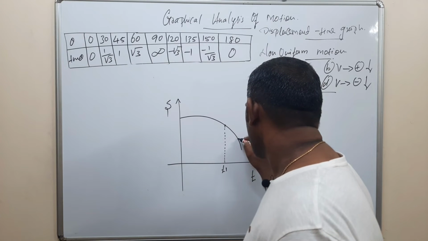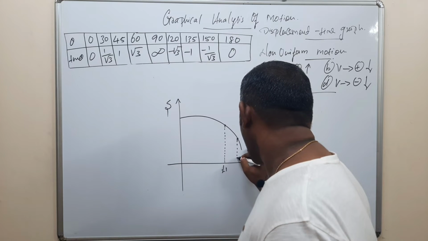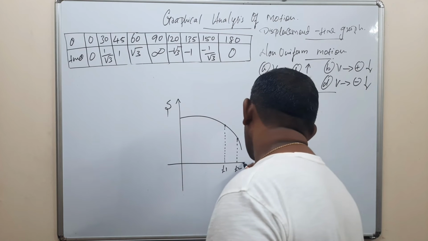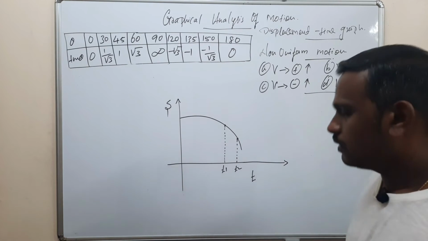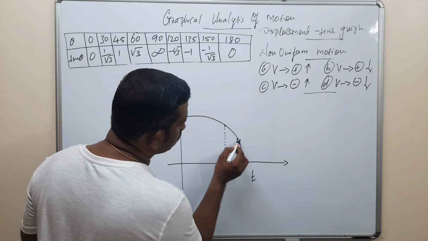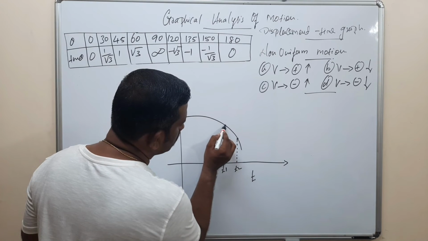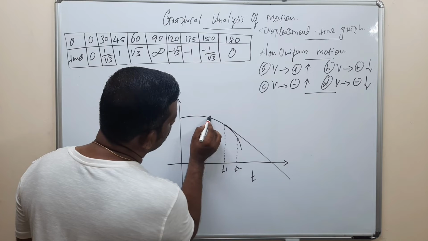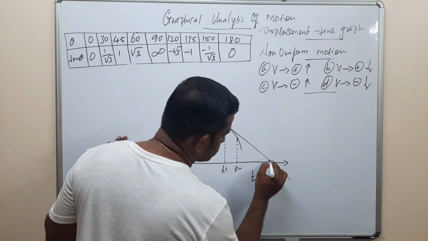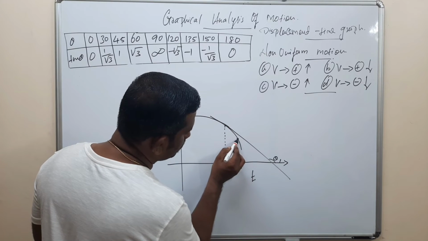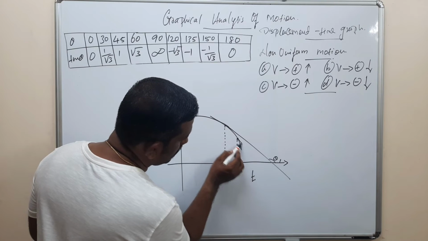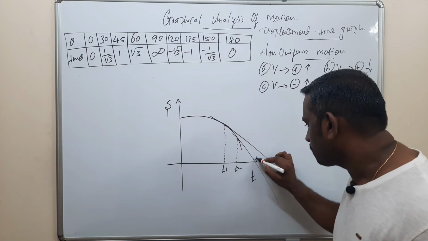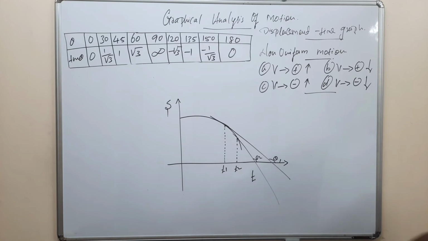T1, T2. So this is theta 2. So what are the conclusions we can make?